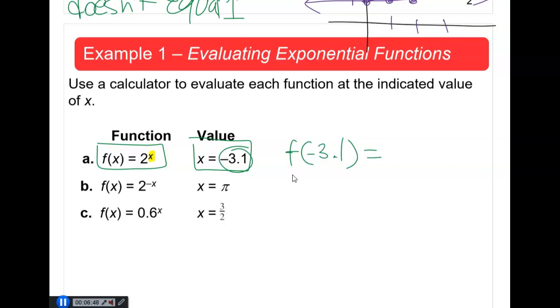So when you enter something like this on your calculator, of course you enter your base first, and then you may see a key that looks like that, and some people call it caret. And then you enter a number so that you enter the exponent.